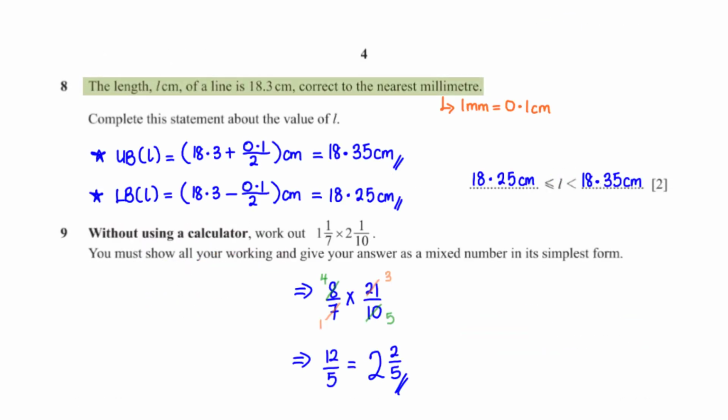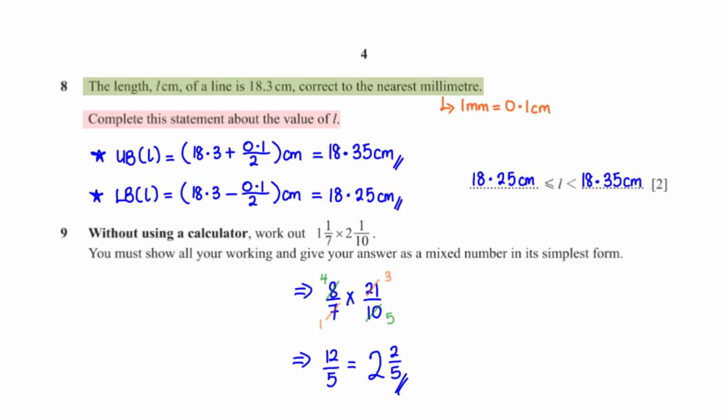The length L centimeters of a line is 18.3 centimeters, correct to the nearest millimeter. Complete this statement about the value of L. 1 millimeter is equivalent to 0.1 centimeter. So for the upper bound of L, we have 18.3 plus 0.1 centimeter divided by 2, which is 18.35 centimeters.